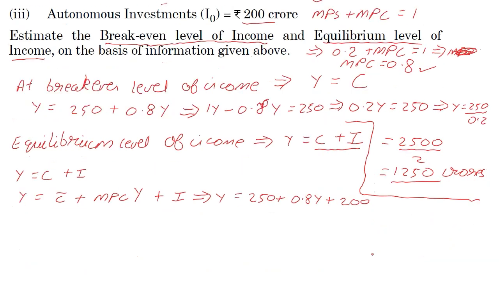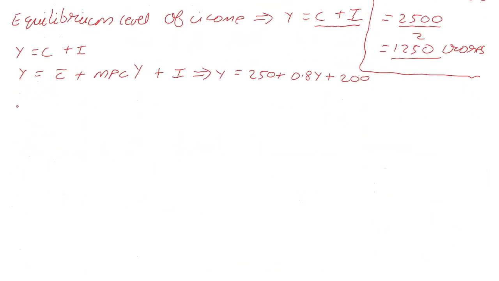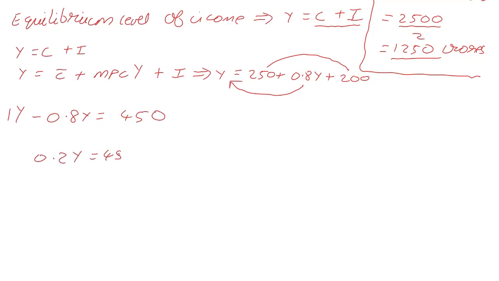Now let me scroll down and simplify. 200 and 250 we add up. 0.8Y over here is addition, goes to that side, it becomes subtraction. So we have 1Y minus 0.8Y is equal to 450. 0.2Y is equal to 450.